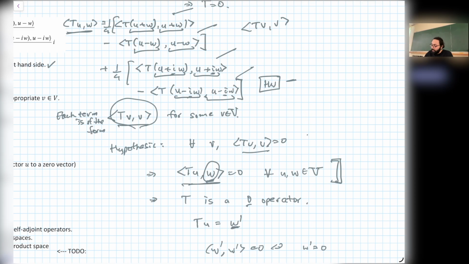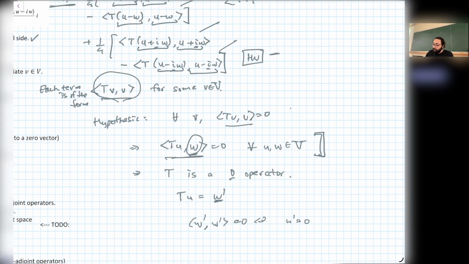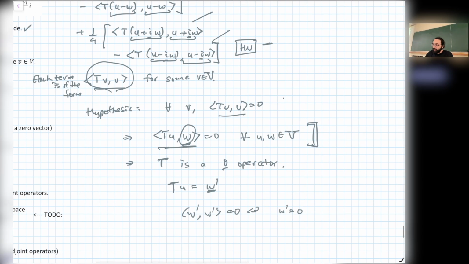Good. Now, since we know T(u,w) is 0, we want to conclude that the operator T itself is 0. How do we conclude that? We recall the definition of a 0 operator: all the vectors that are mapped to by T are 0. Suppose that when you apply T to u, you get some vector w prime.